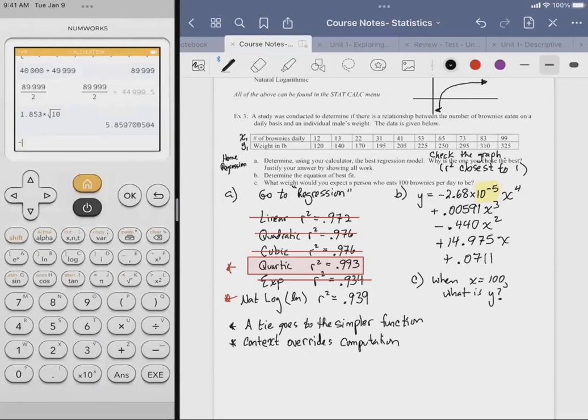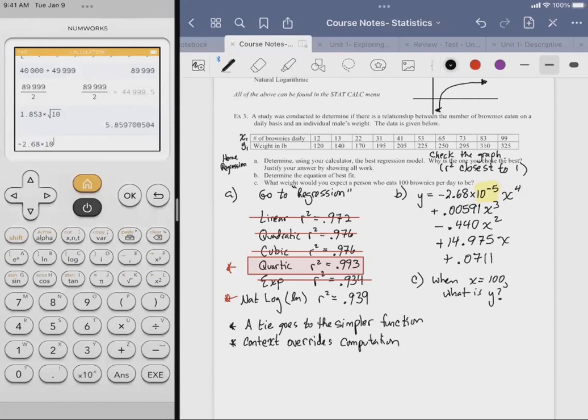So negative 2.68. All right, we want to go times 10 to the negative fifth power. There's the same kind of notation here for scientific notation. You could work with that. See right at the bottom, right next to ANS, it says times 10 raised to the X power.